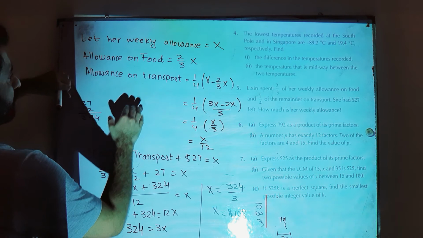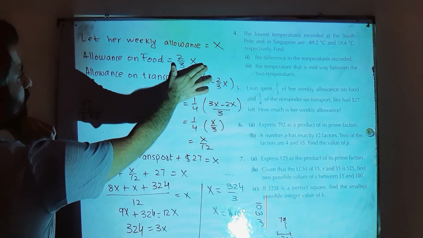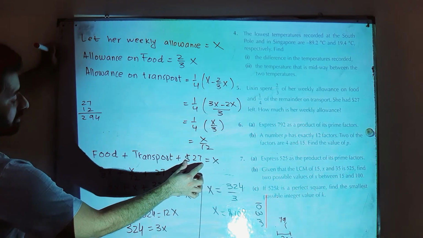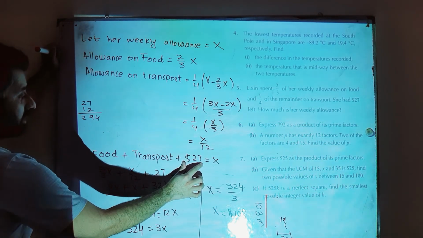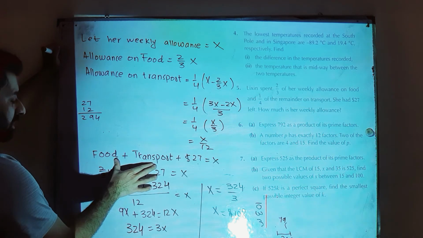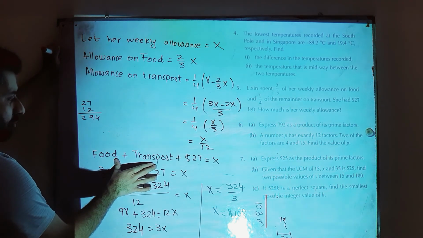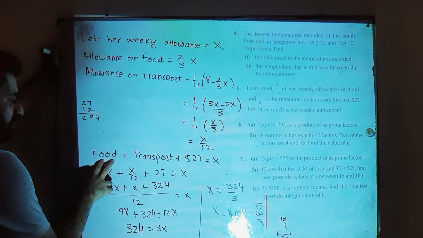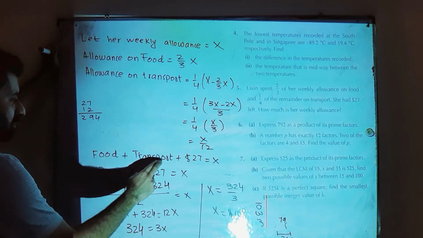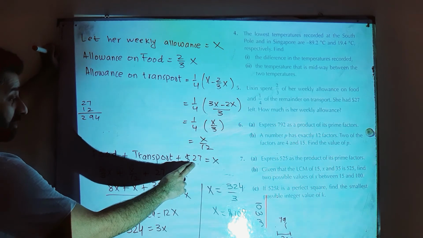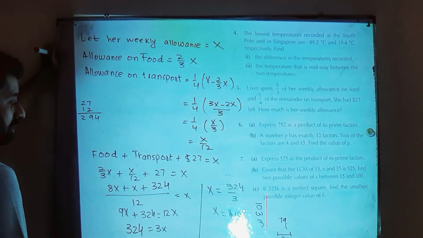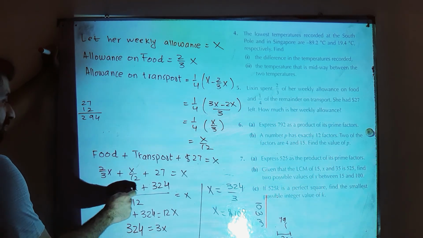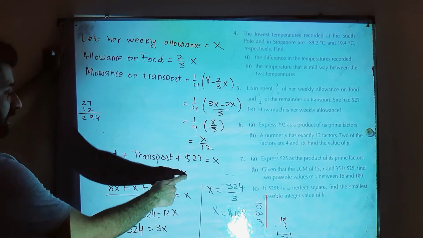So now you have the allowance spent on food, the allowance spent on transport, and what is left, $27, after spending these two. Adding the allowance spent on food plus the allowance spent on transport plus whatever is left in the pocket is equal to the total allowance. So 2/3x spent on food, x/12 spent on transport, and $27 left is equal to x.